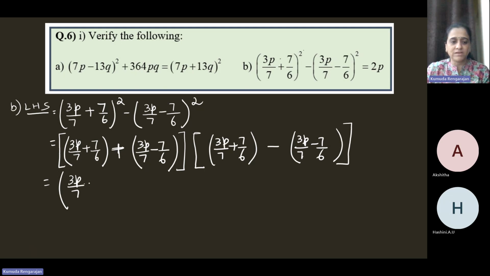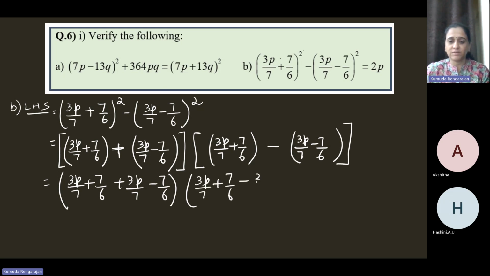3p by 7 plus 7 by 6 plus 3p by 7 minus 7 by 6 into 3p by 7 plus 7 by 6 minus 3p by 7 minus into minus plus 7 by 6. Yeah, so here this gets cancelled. Here 3p by 7 minus 3p.